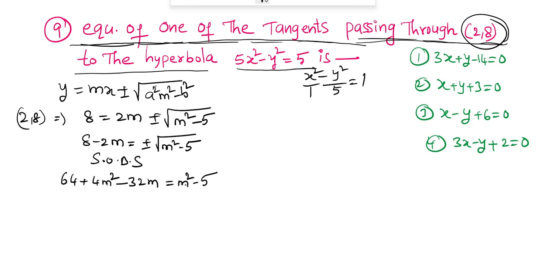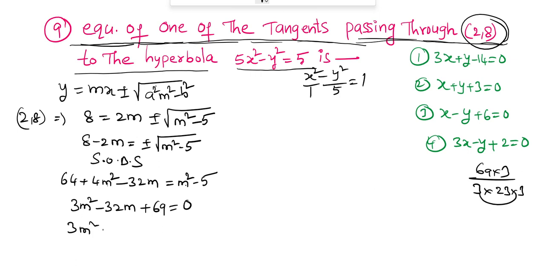Here 4m² − m² is 3m², so 3m² − 32m + 64 + 5, this is 69, equal to 0. Factors for this: 69 into 3, take 3 common, this is 23, so 3 into 3 is 9, 9 into 23, this is 3m² − 9m − 23m + 69 = 0.